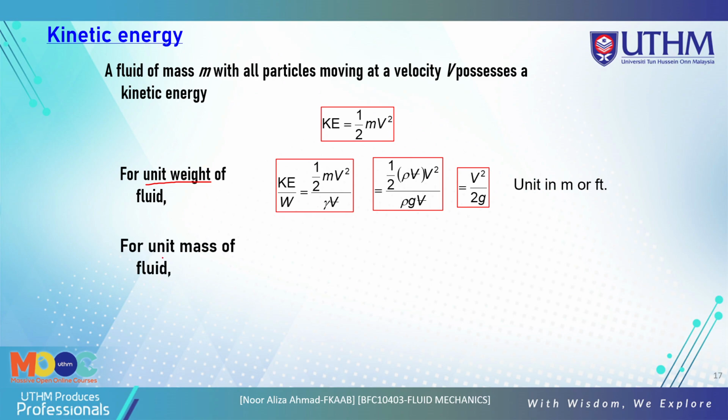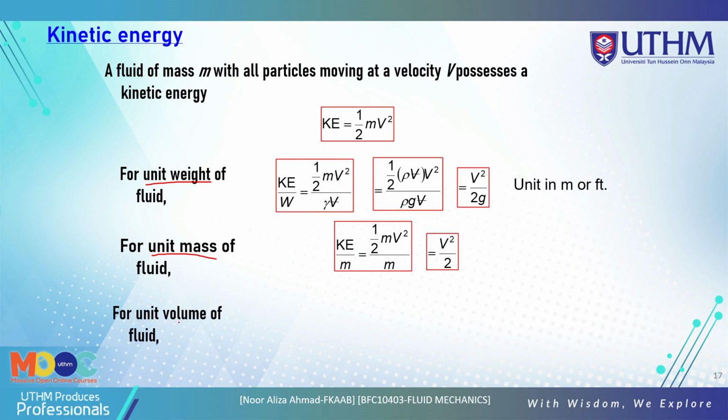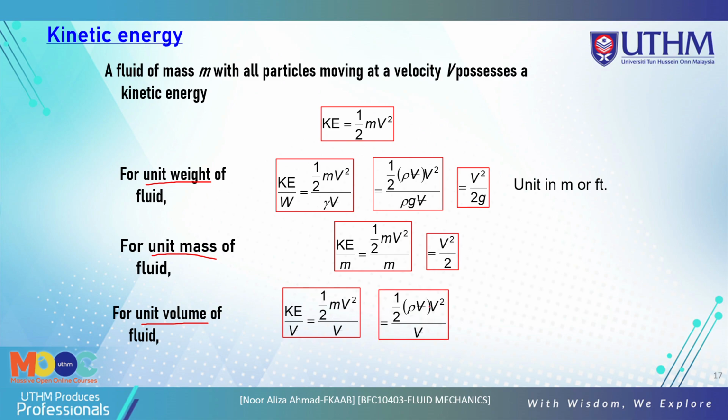For unit mass of fluid, we have v squared over 2, and for unit volume of fluid, we have the kinetic energy as density times velocity squared over 2. So we have the 3 cases, based on the unit weight, the unit mass, and the unit volume.